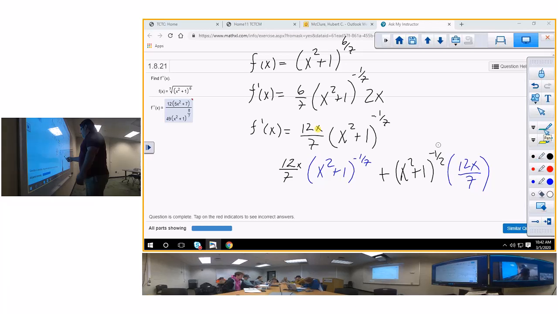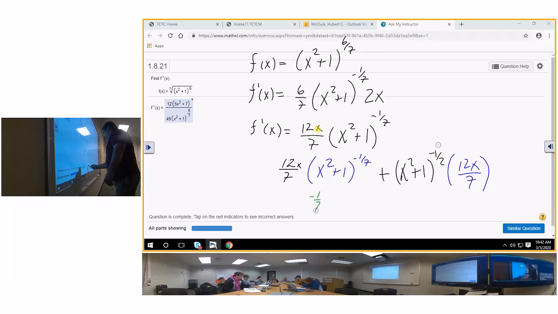So that's going to be negative 1/7 x squared plus 1 to the negative 8/7 times 2x.